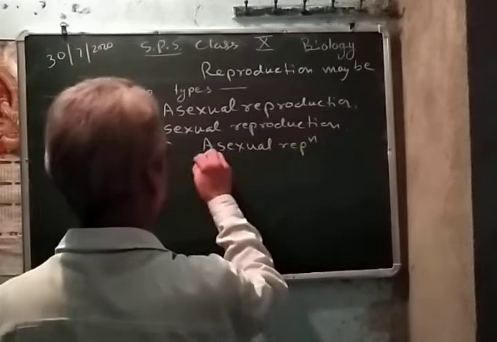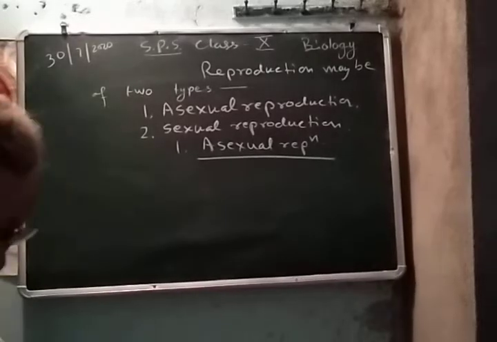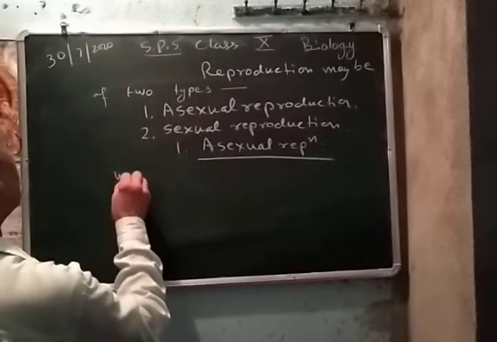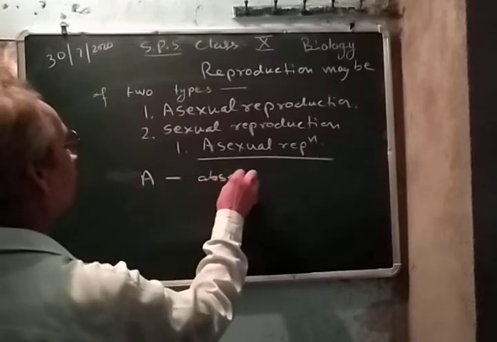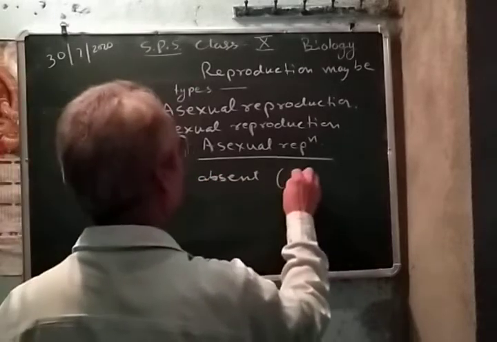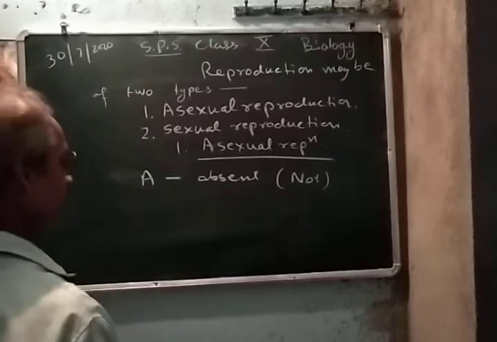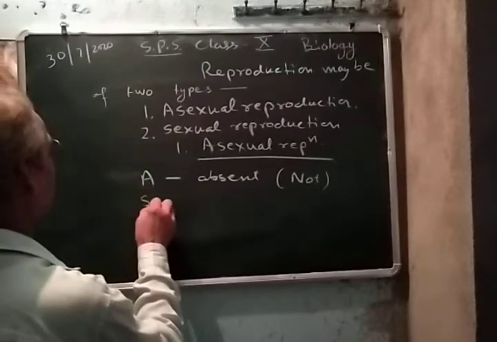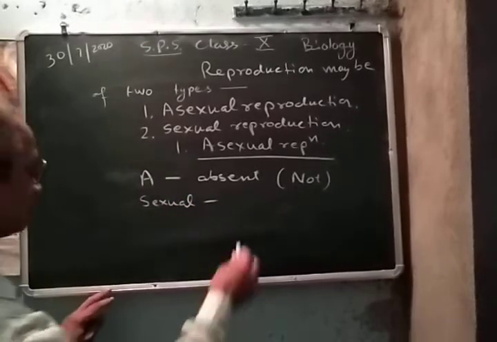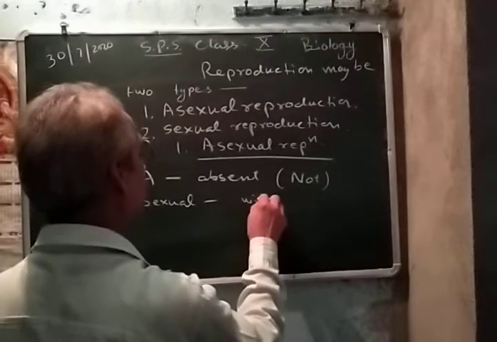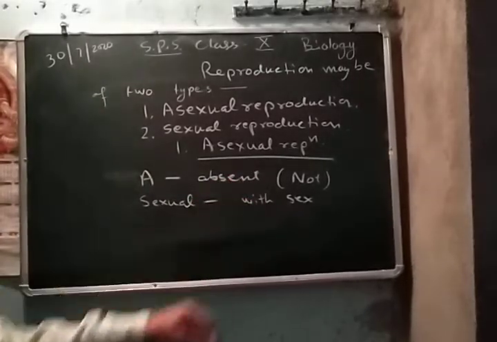A means absent or no, अनुपस्थित, absent या नहीं. Sexual means with sex. Then it is called asexual reproduction.